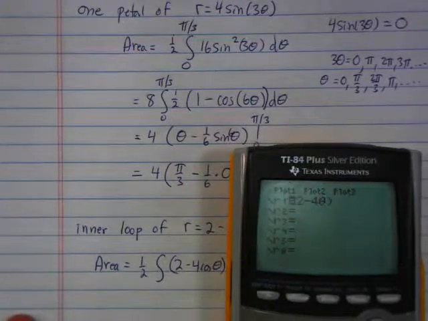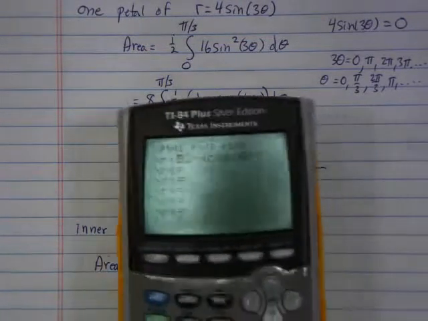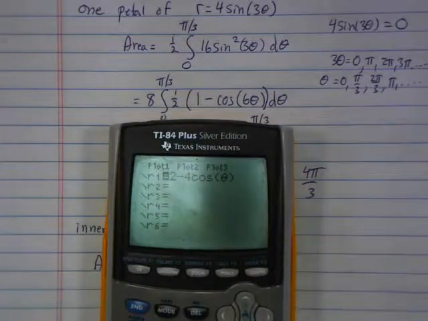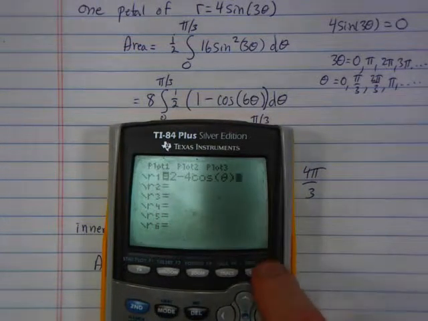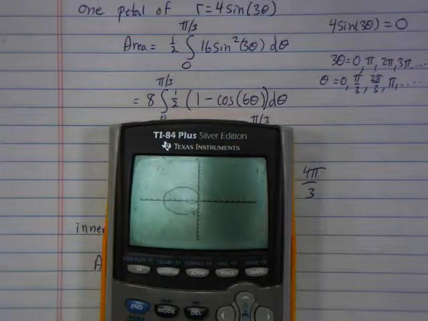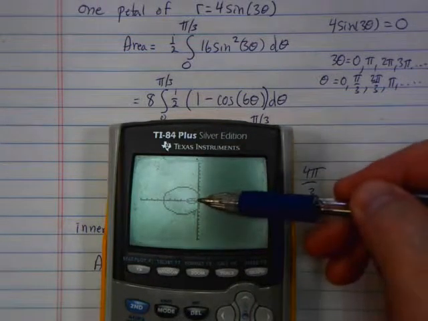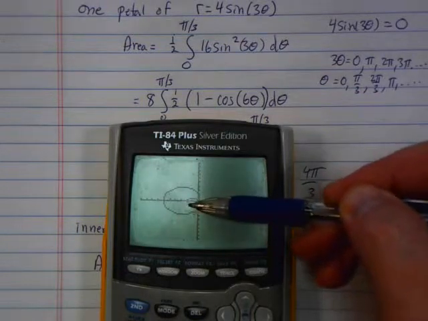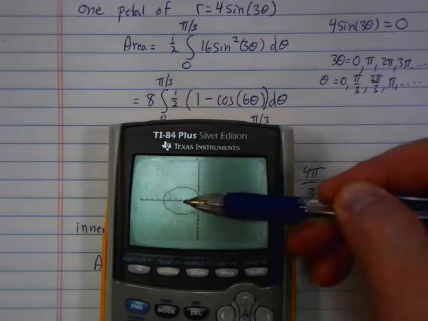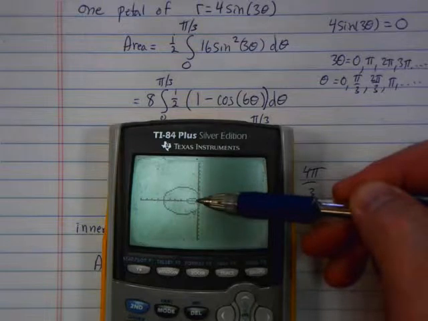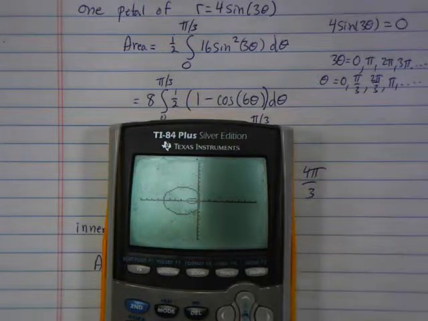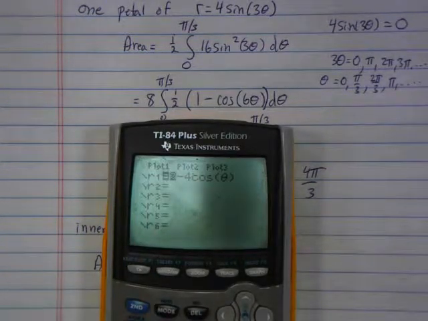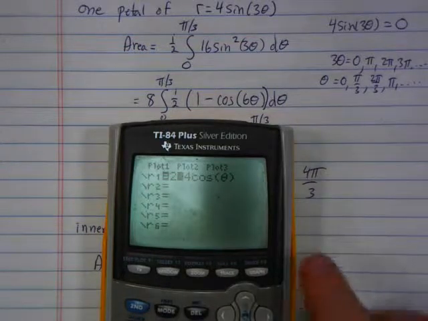2 minus 4 cosine theta. And again, I'm going to watch carefully to see how it's drawn. Graph. Okay, so there's that inner loop that I'm looking for. So I want the area of just that inner loop. Let's draw it again. If you just change something and hit graph again.